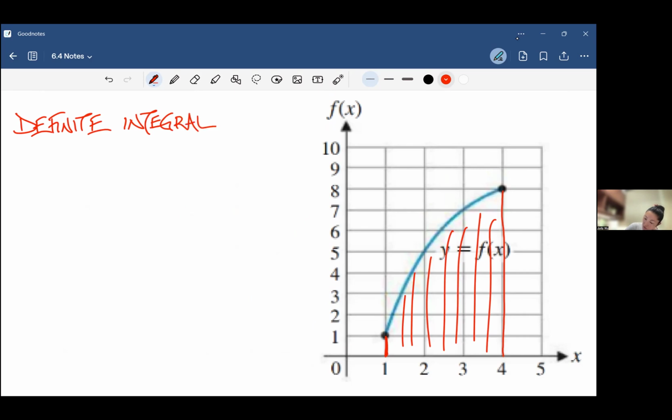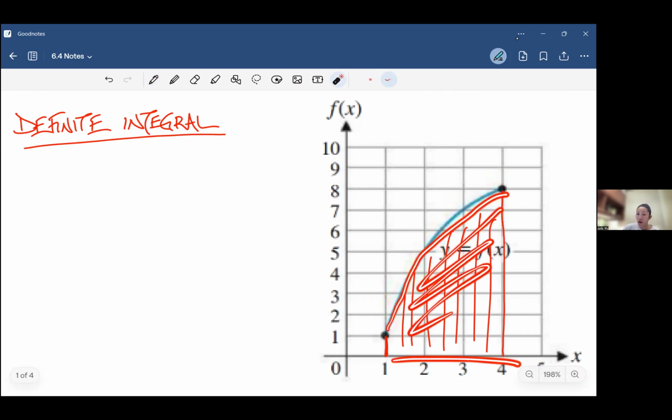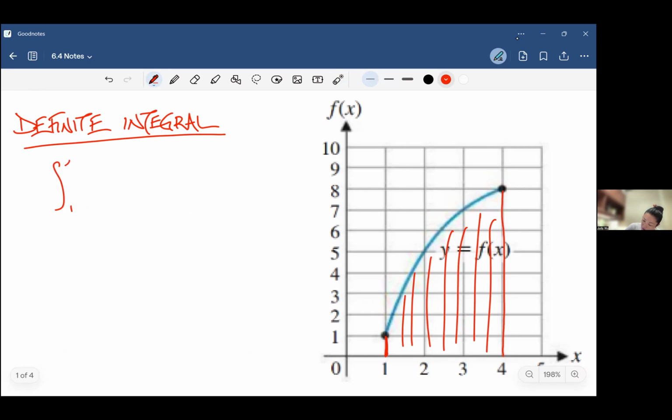Okay? So when you first learned about this integral, I hope that it was made clear that when we find a definite integral, what we're really finding is the area under the curve. In particular, we have this curve, we have our x-axis, and all that space in there, that area is represented by the integral from 1 to 4 of f of x dx.